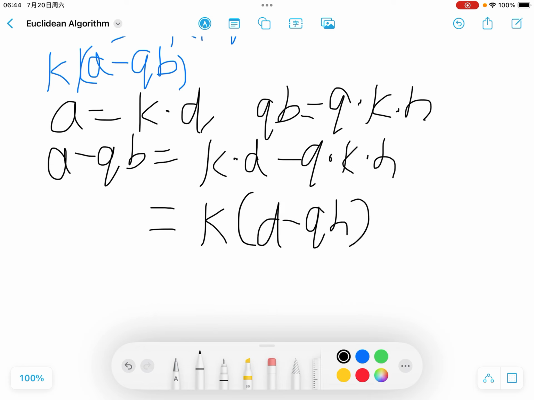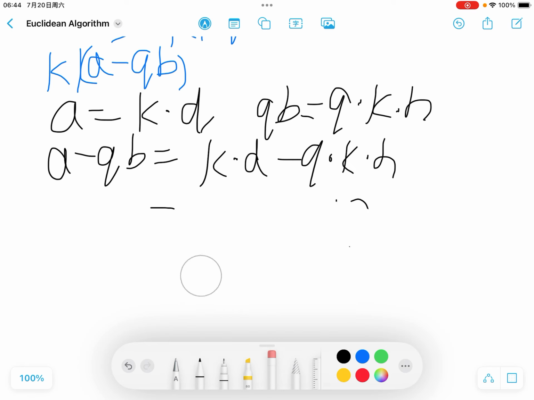So we still have a factor of K here, and we assume that D minus QE is larger or equal to 0. So basically what we get is that A minus QB is also divisible by K.